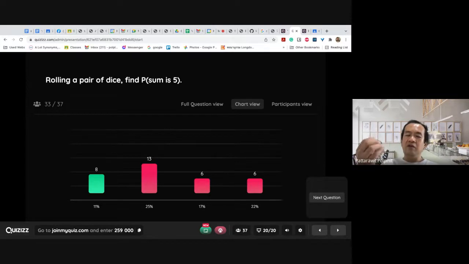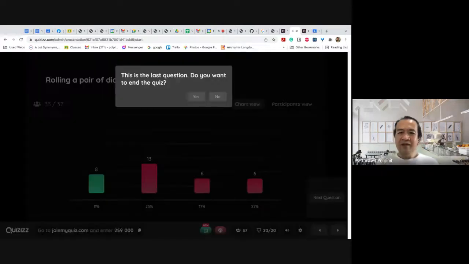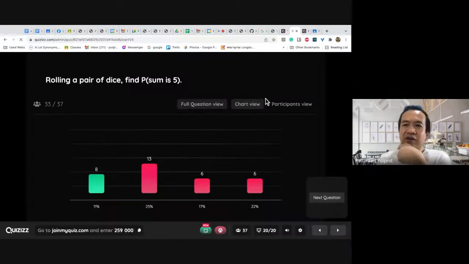So 1, 4, 2, 3, 3, 2, and 4, 1. Yeah, that's it. 4 divided by 36, basically, right? 4 divided by 36, that is 11%. So the answer is 11%, okay? And that's all the questions.